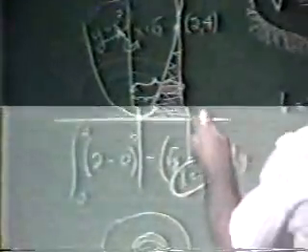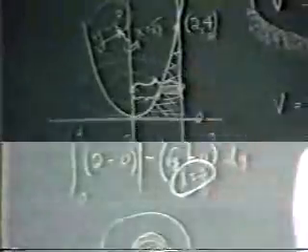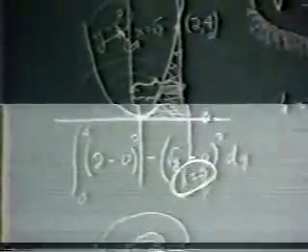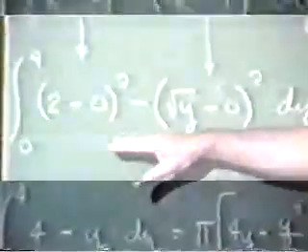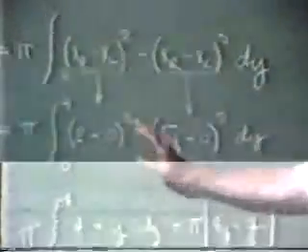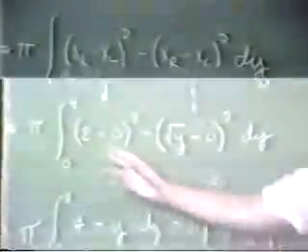And so that gives me my limits from 0 to 4. All right, so therefore, this is how we come up with this pi times the integration of 0 to 4, 2 minus 0 squared minus the square root of y minus 0 squared. This squared is a 4, this squared, and so on and so forth.